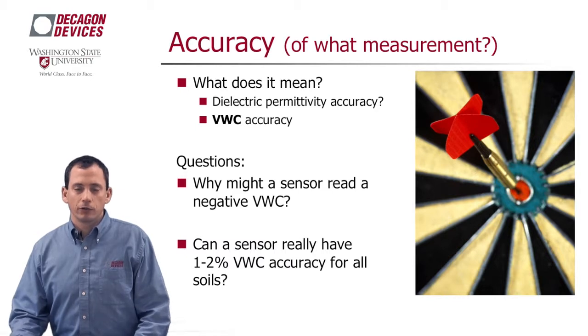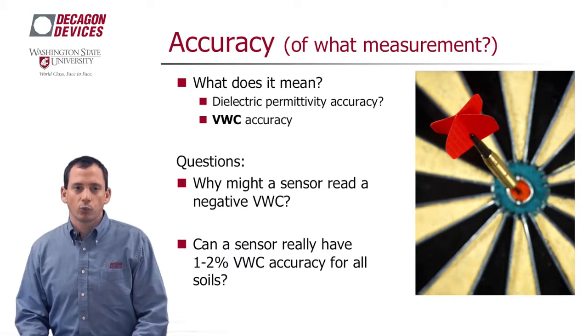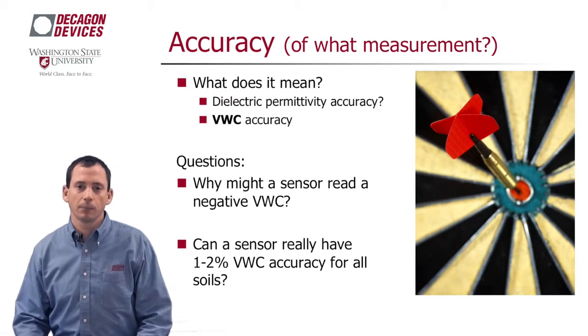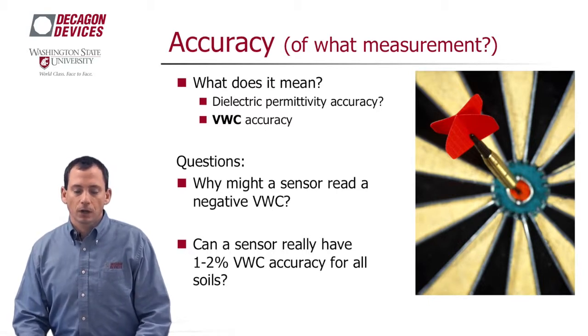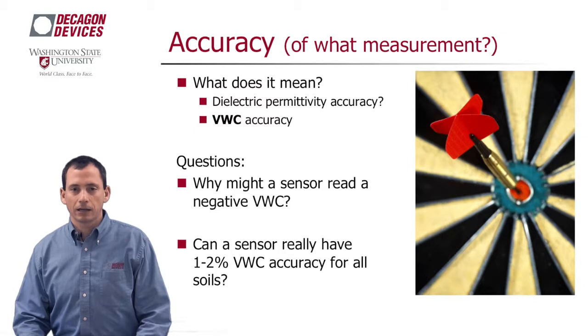And I also want to address the question of, can a sensor really give you 1 to 2% volumetric water content accuracy for all soils? And the reason that this comes up is that often when different sensor manufacturers are writing marketing material or putting things on their website, there's a little bit of a sense of one-upsmanship when it comes to writing accuracy specs.